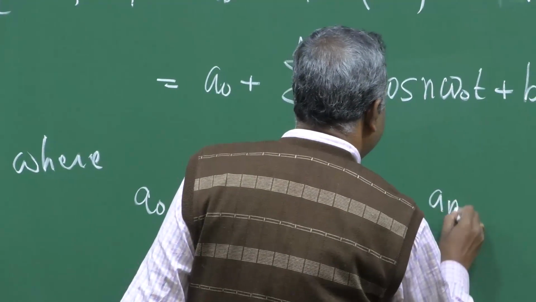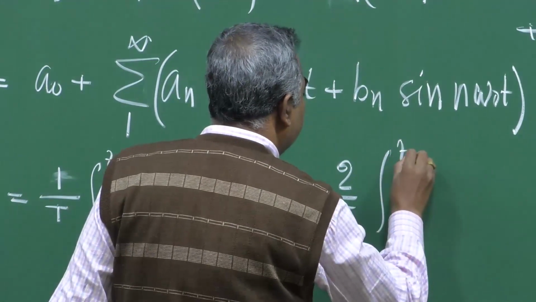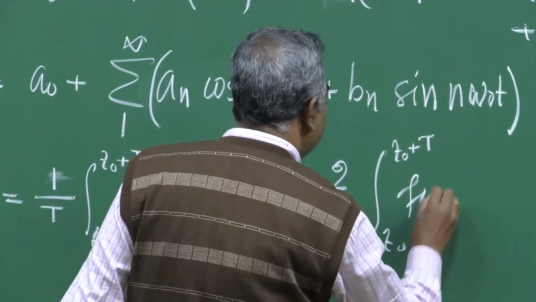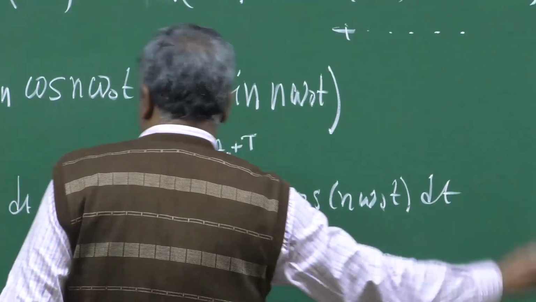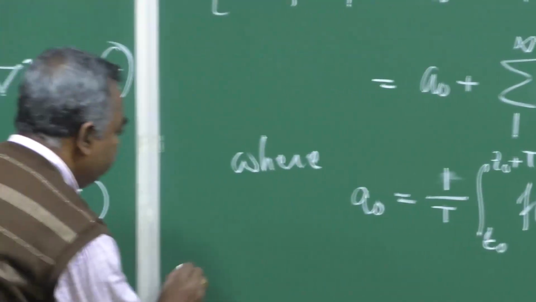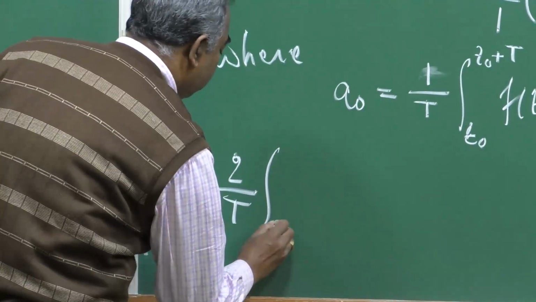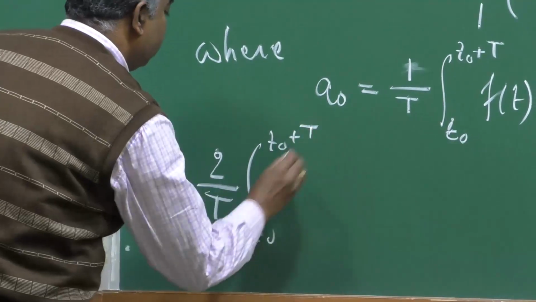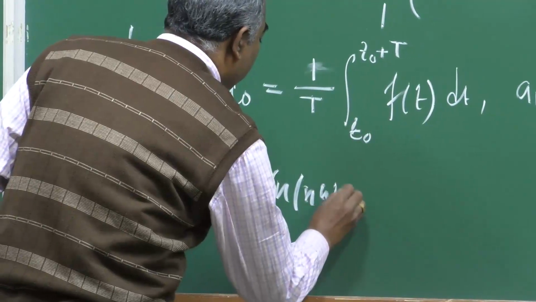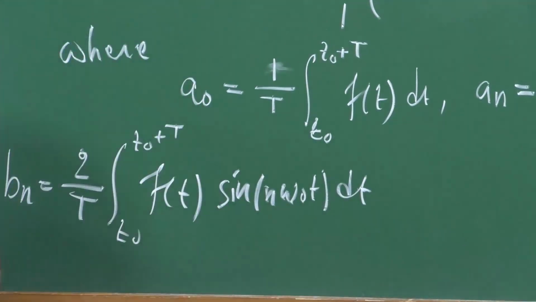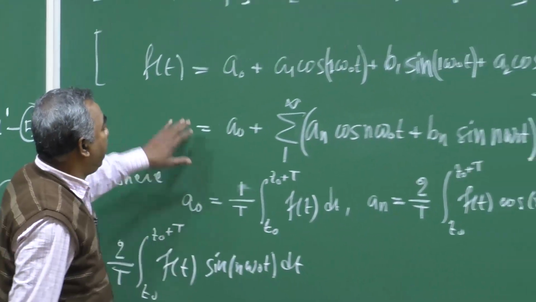A n is equal to 2 by capital T times the integral from t naught to t naught plus capital T of f of t cosine n omega naught t dt, and B n is equal to 2 by capital T times the integral of f of t sine n omega naught t dt. These are the Fourier coefficients.